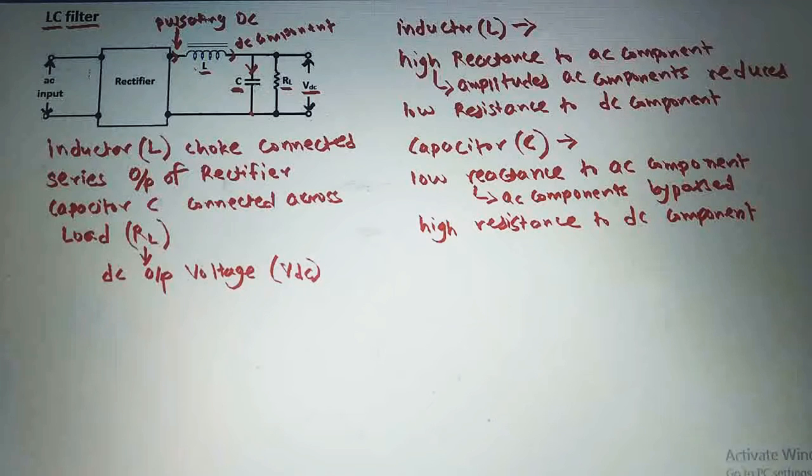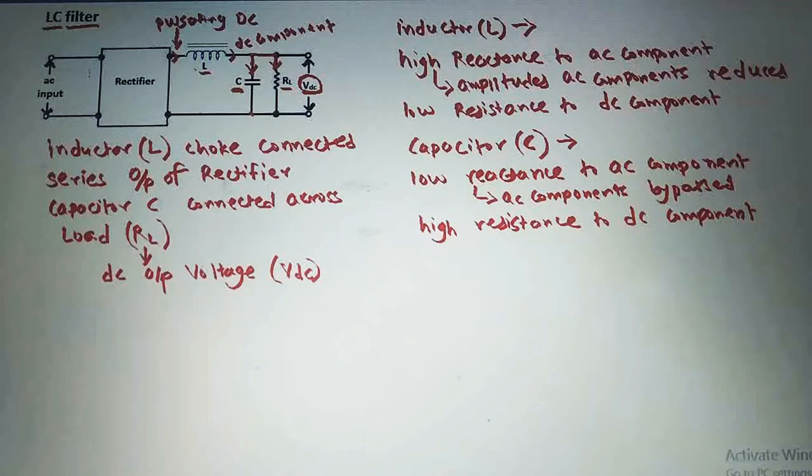And as this capacitor offers high resistance to the DC component, it will block the DC component, and those DC components then pass through this load resistance RL, and we will get the DC output voltage across this load resistance RL. So this is how this LC filter works.